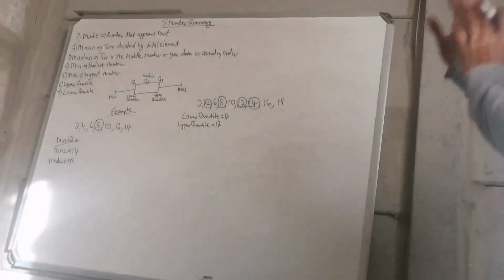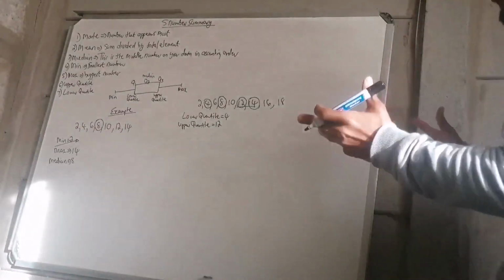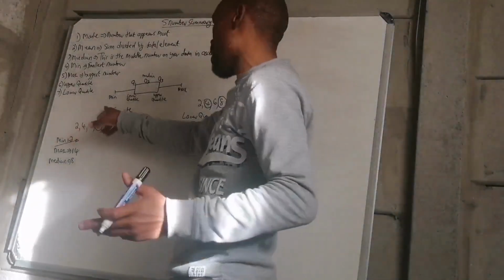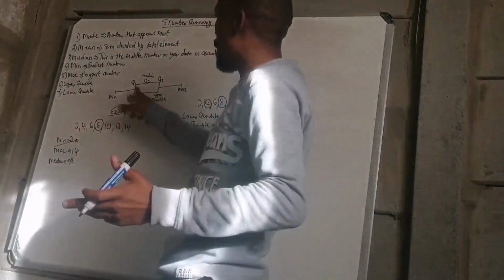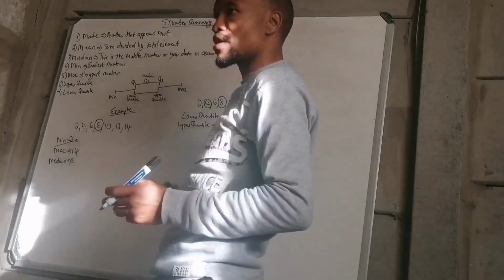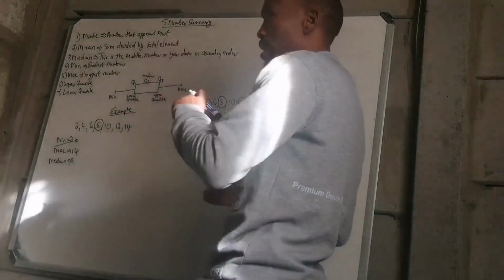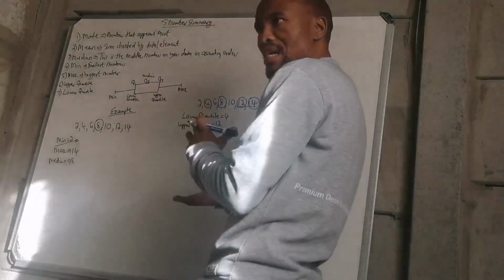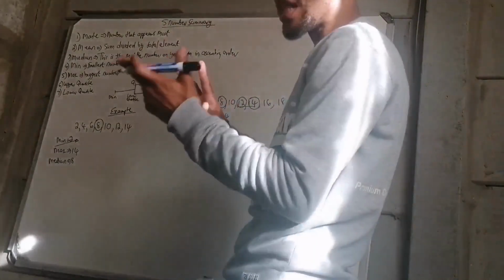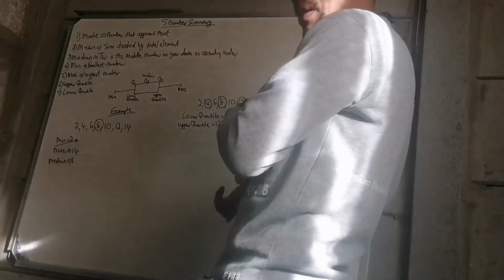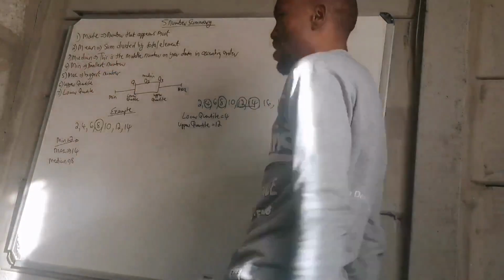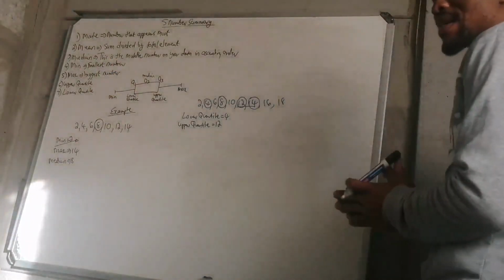In summary, what you should know about the five number summary is the minimum, the maximum, Q1, Q2, and Q3. We can tell whether the data is skewed to the left or to the right from the values of Q1 and Q2.